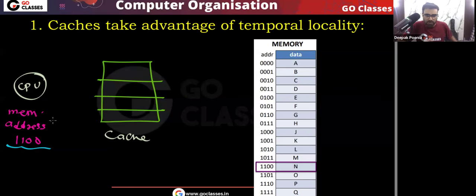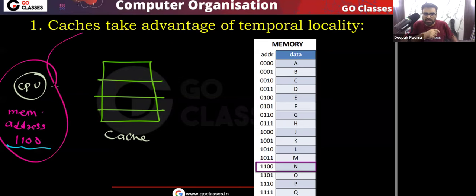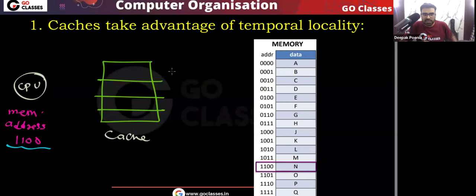Now you can see if our program accesses this memory address 1100, then we know that in the near future, very soon, our program has a good chance of accessing this same address again. So instead of going to the main memory again in the future to access this address, we can put this data in the cache memory.